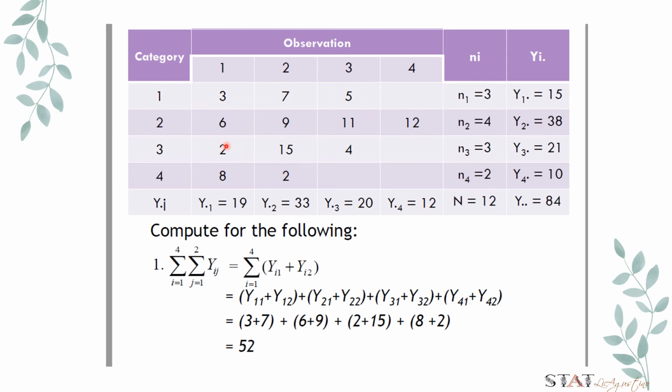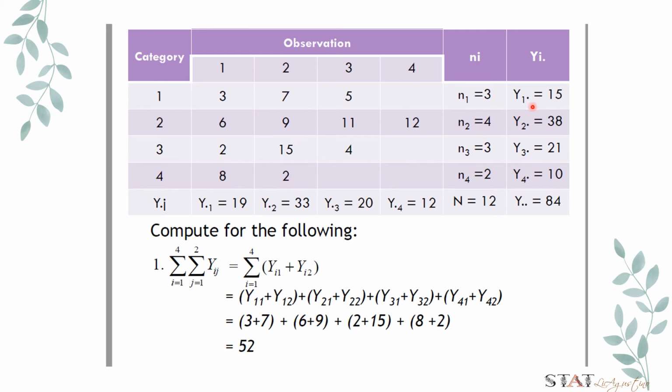And then n2, in category 2, the number of units or sample size, is 4 because 1, 2, 3, 4. And then n3 is equal to 3 because we have 1, 2, 3 observations. And n4 is equal to 2 because there are only 2 observations.